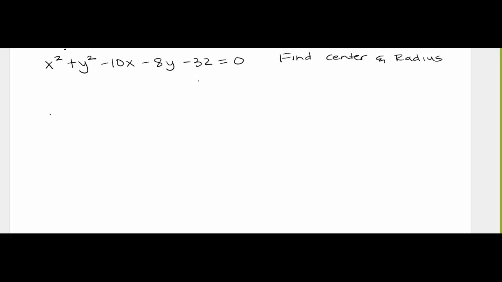But again, remember when it's given in this general form, we can't just pick that out. So we want to change this to standard form. And we can actually do that by completing the square that we've talked about. So notice how I'm going to set this up. I'm going to get my x's together. So my x squared minus 10x, I'm going to put those next to each other.